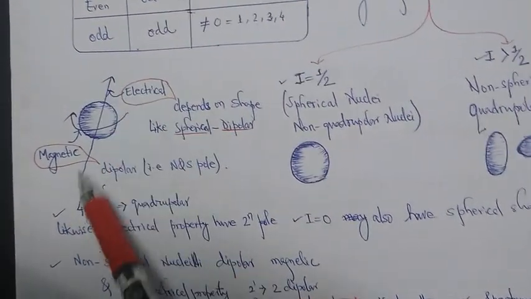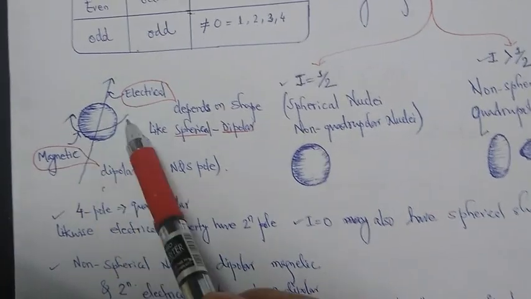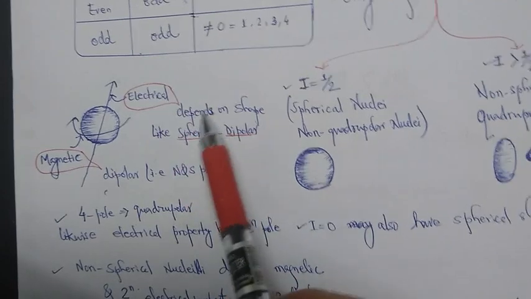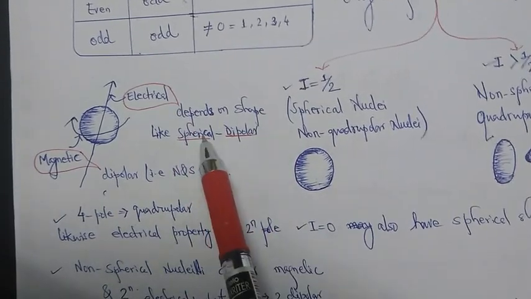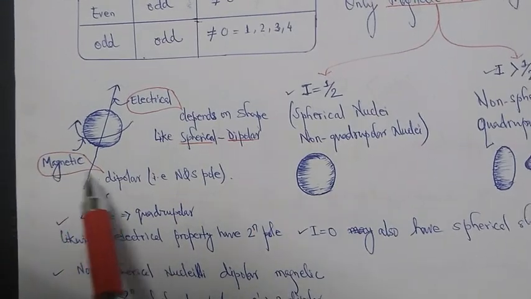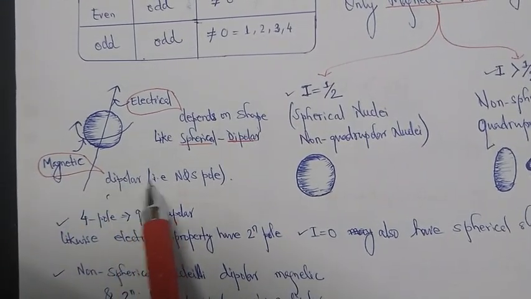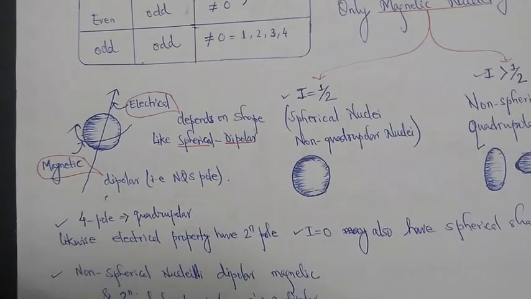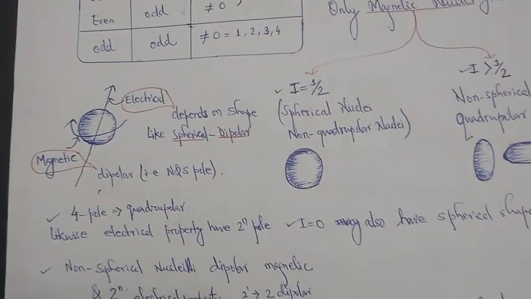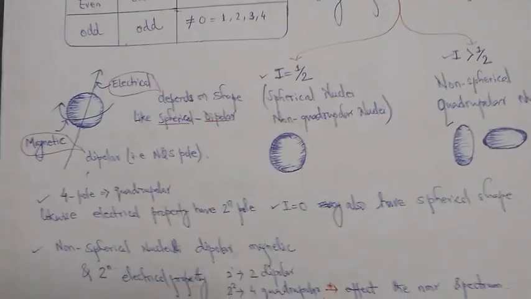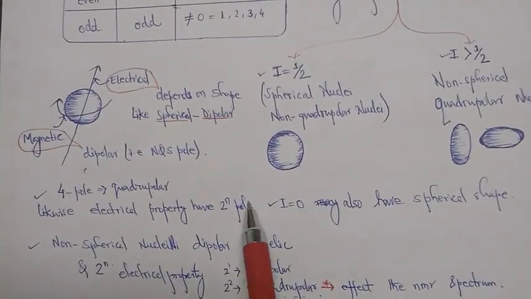I showed them like this with arrows. Electrical properties depend on the shape. Like spherical shape, it is dipolar. Similarly, the magnetic properties are dipolar, that is north pole, south pole, like that. If it is 4 pole, then it is quadrupolar. Likewise, electrical properties have 2 to the power n poles.